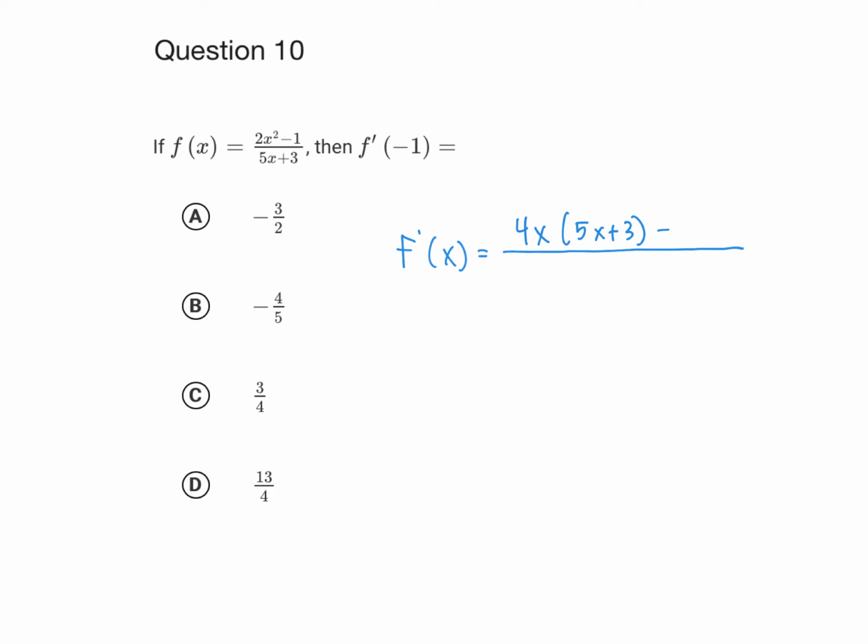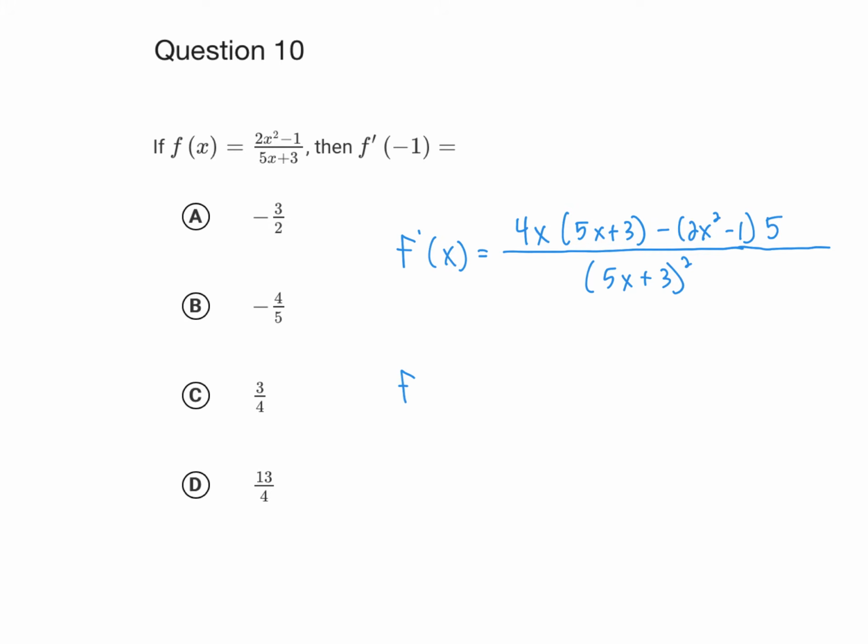Always minus. And then we'll rewrite the top and multiply that by the derivative of the bottom. The derivative of 5x plus 3 is just 5. And then on the bottom, you put the original denominator and square it.